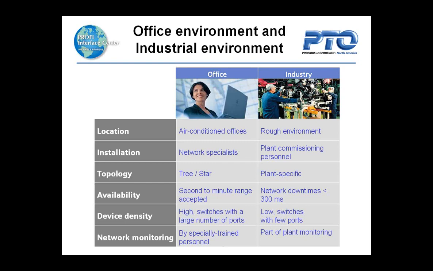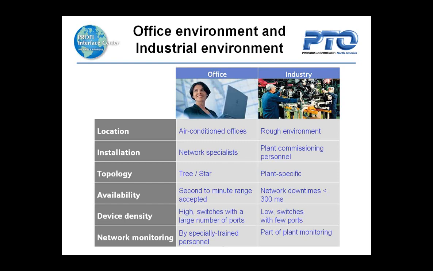And the network downtimes in the factory need to be a lot less, maybe even less than 300 milliseconds, because we don't want to have parts falling on the floor or problems existing out there for long periods of time, because that means we're not able to produce the products we need to.